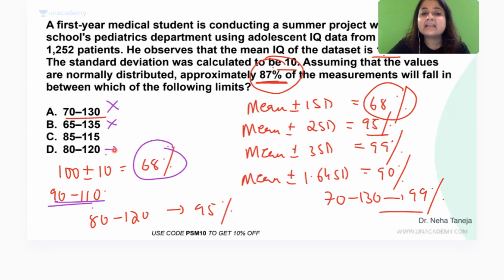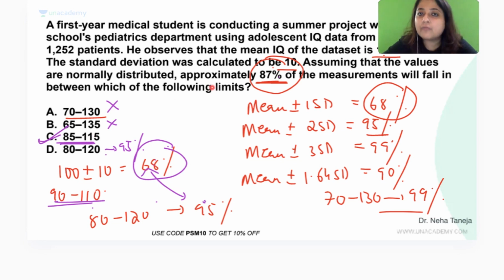That is exactly 95%. So what are you left with? For 87%, it is that value which lies between 68% and 95%. So which is that value? More likely 85 to 115.